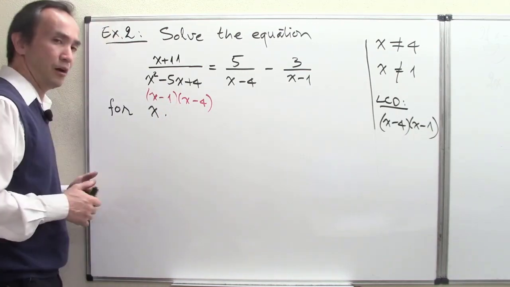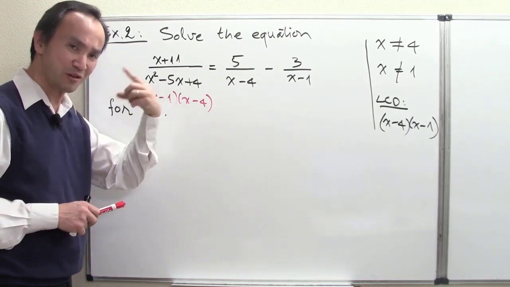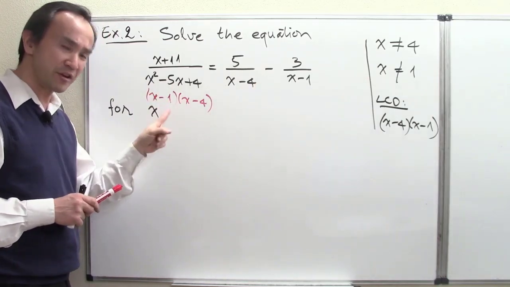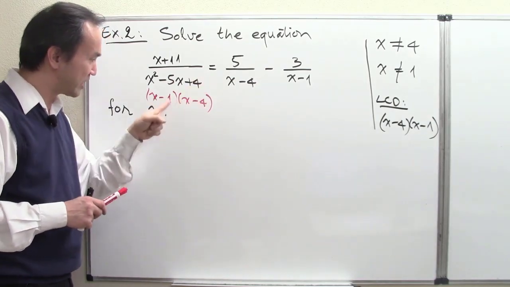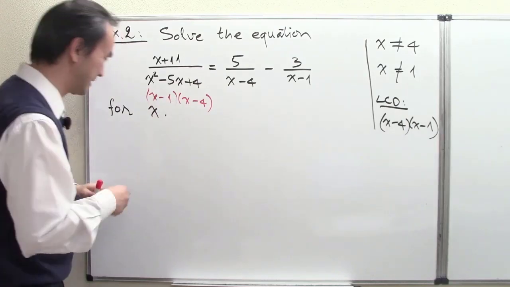Now we are ready for the step where we clear out all of the fractions. As I recommended earlier, in the next step where I write down the equation, let's keep this denominator on the left-hand side in factor form.